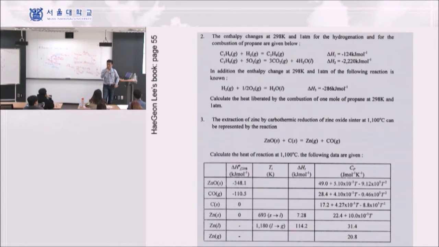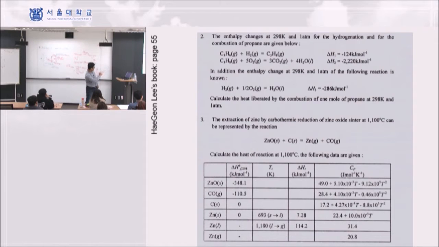So H of ZnO at 1100 degrees Celsius, so 1373 Kelvin, is delta H of ZnO at 298 Kelvin plus the integral of Cp of ZnO from 298 Kelvin to 1373 Kelvin. So all the information is given, yeah? So we can calculate H of ZnO solid at 1373 Kelvin. Same thing for carbon. We have the carbon enthalpy at 298 as 0 and then Cp. We can calculate that.